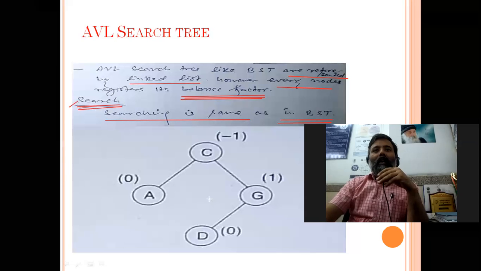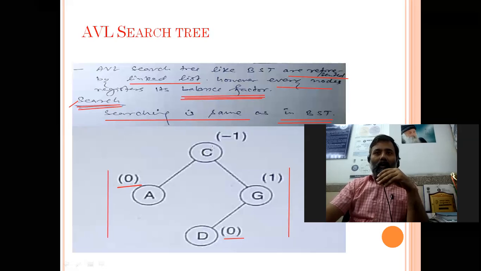Now see this example. Here the balance factor we are representing in parenthesis. The balance factor of each leaf node will always be 0. So balance factor of this node A and balance factor of this node D is 0. Now balance factor of this node, you can see left subtree height 1, right subtree height 2.